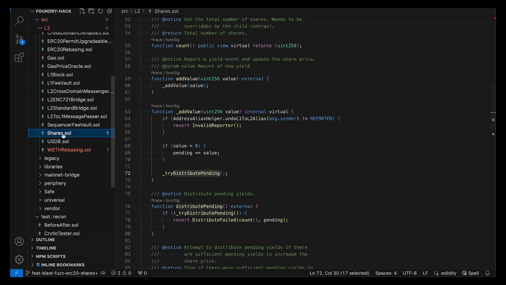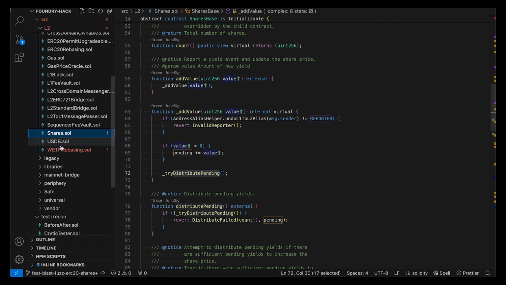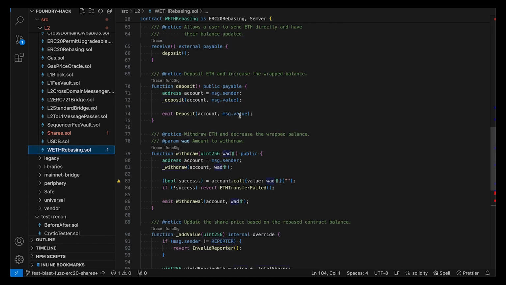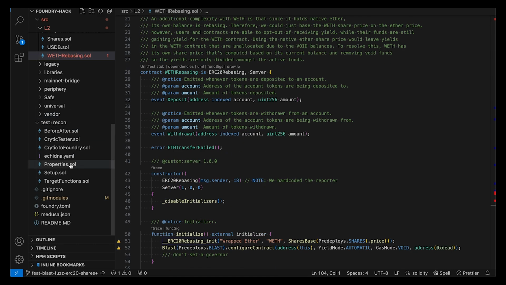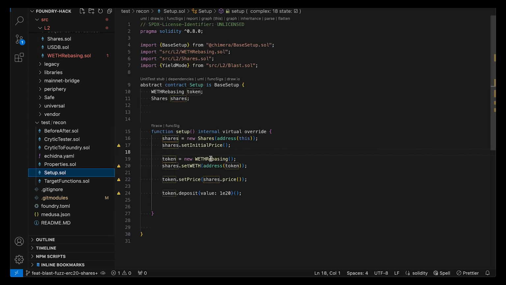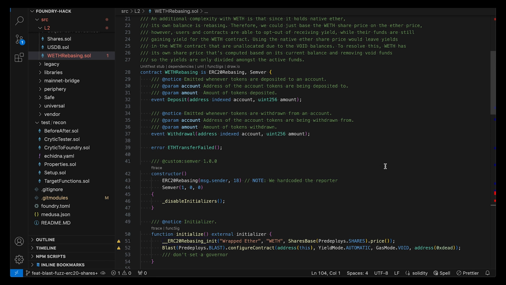And when it comes to our scope, we can start by looking at WETH Rebasing, which, if I'm not mistaken, is the contract that I attacked. You can see it here. And then I also have Shares, which is basically just the underlying logic for handling how WETH works.